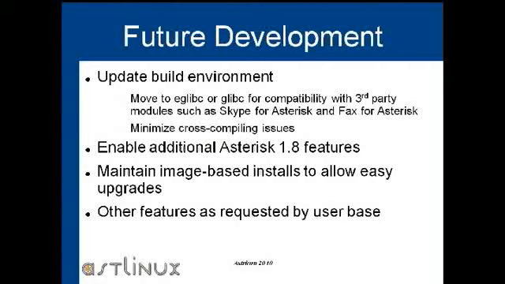You have Skype for Asterisk, Fax for Asterisk, and the G729 codec, which will only work with libraries that need glibc compatibility. So in order to get some of that extra functionality, we're planning to move to a different build environment in the next major release. It's under progress right now.